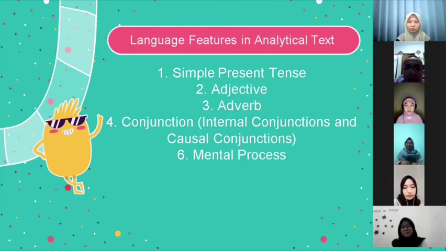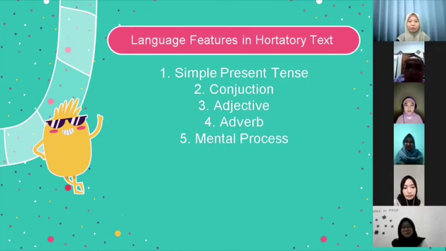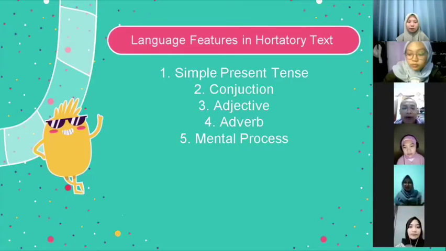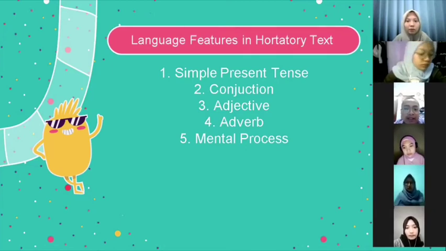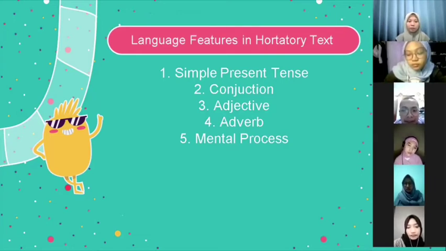Besides, in the hortatory text, there are 5 language features. Number 1 is simple present tense, to show what is happening right now. Number 2, conjunction. It's like, however, on the other hand, and etc. Number 3, adjective, to show the writer's position.